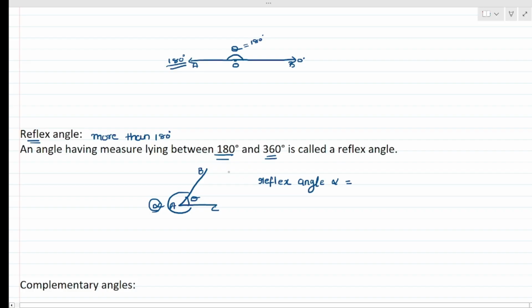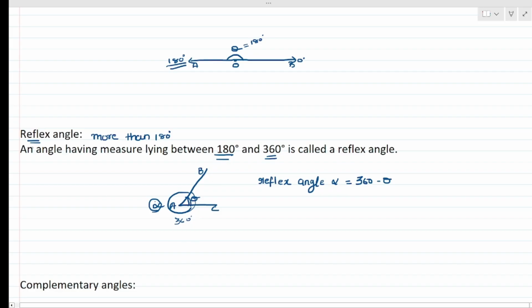As you can clearly see, a complete angle forms 360 degree. Okay, a complete angle forms 360 degree. So how can you find out? This is your complete 360 degree and this one is your theta. So how can you find this reflex angle alpha? You can directly subtract it from 360. So 360 minus theta will give you your reflex angle, which is denoted by alpha.